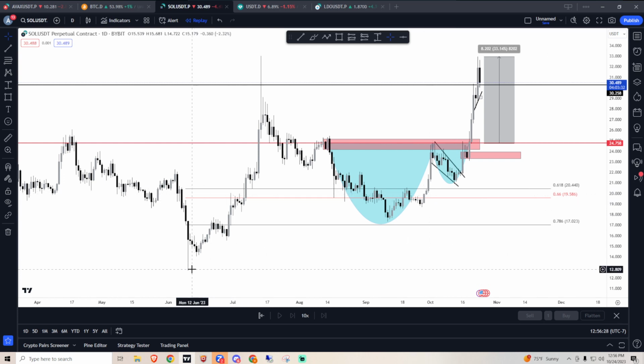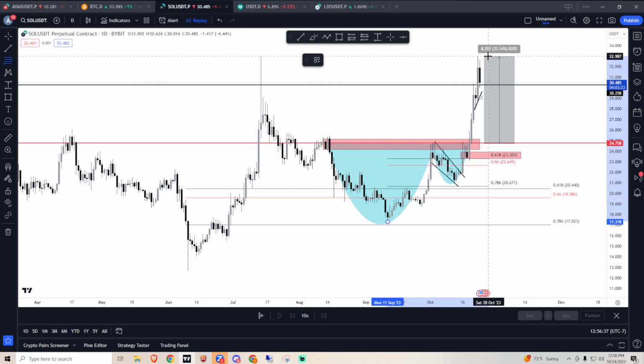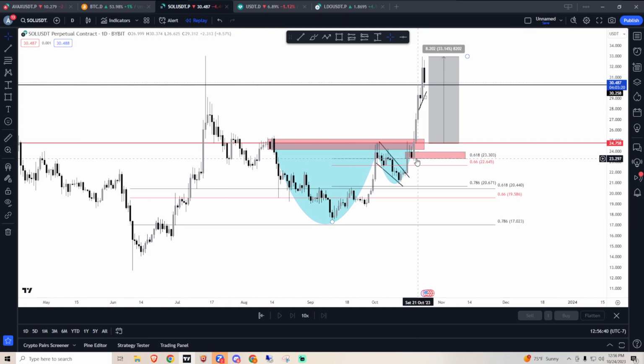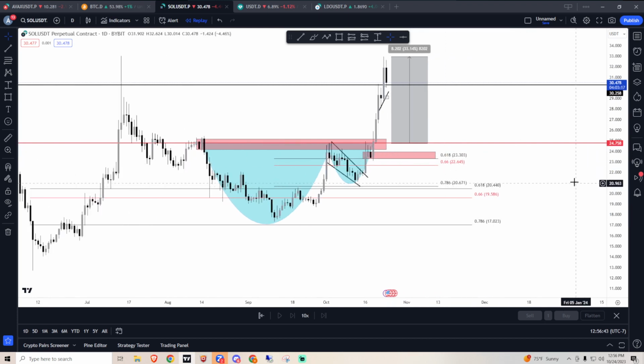This is a different fib. I drew this one from here to there. This one from this low to that high. It's right at that demand zone. Okay. Yeah, the reversal was right at the fib.